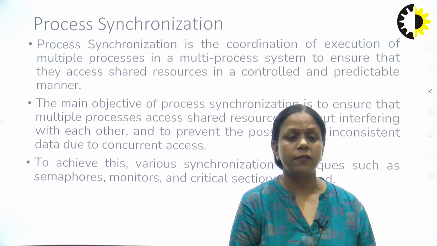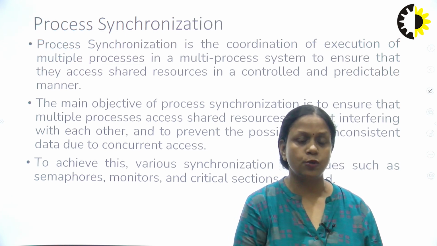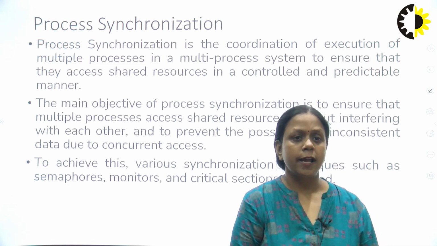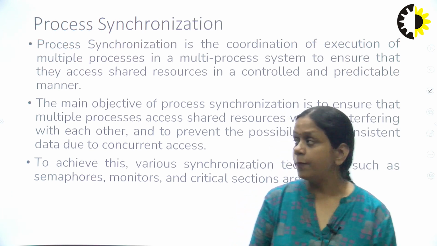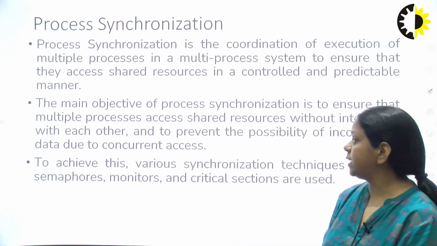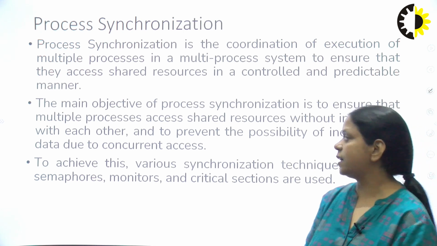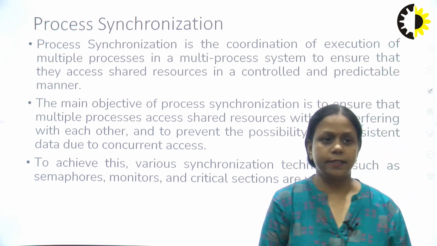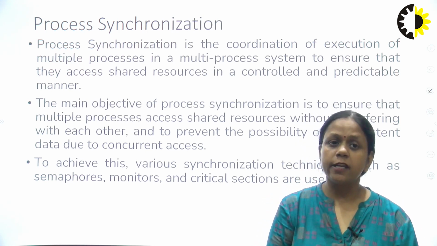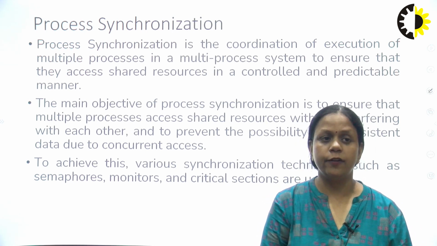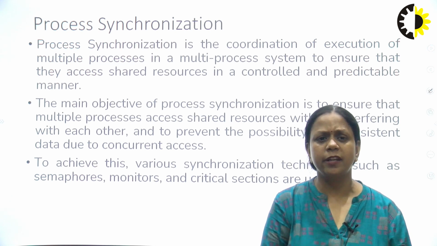The main objective of process synchronization is to ensure multiple processes access shared resources without interfering with each other and to prevent the possibility of inconsistent data due to concurrent access. To achieve this, various synchronization techniques are there, for example semaphore, monitors, and critical section.